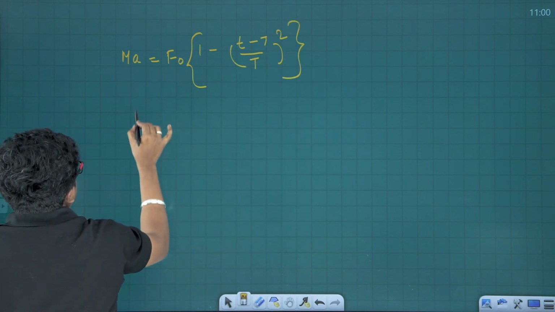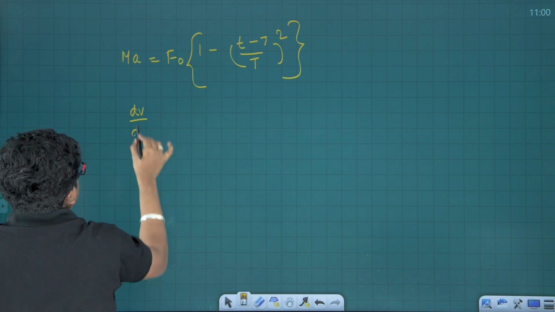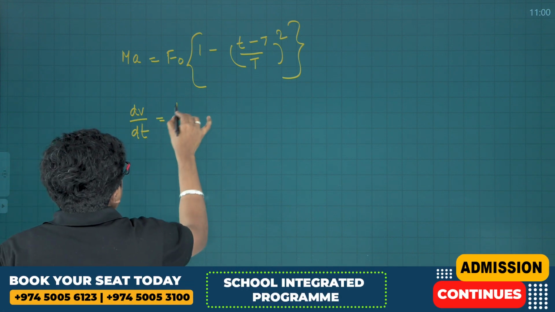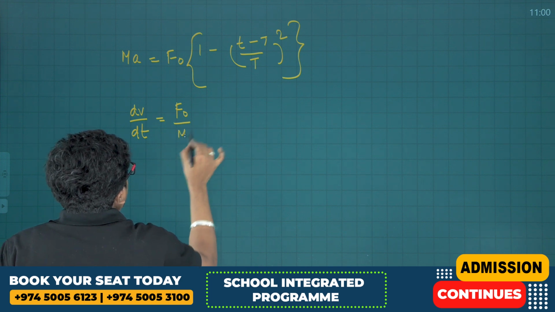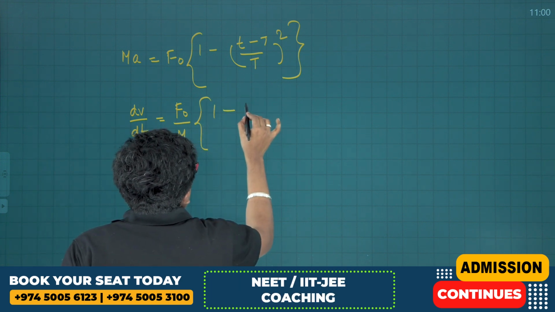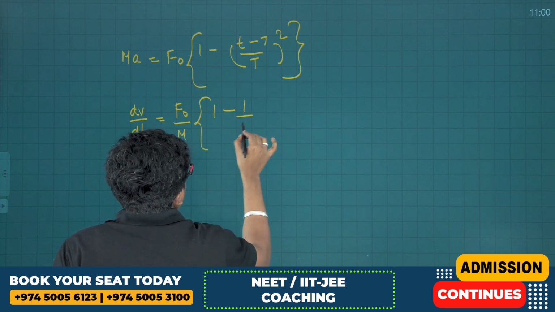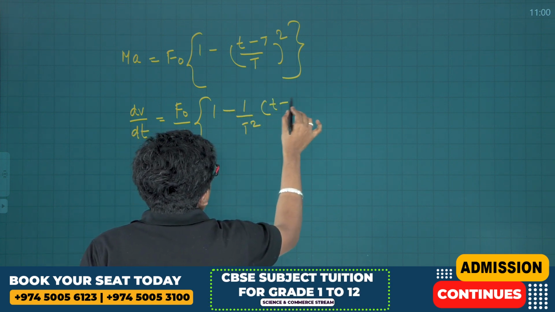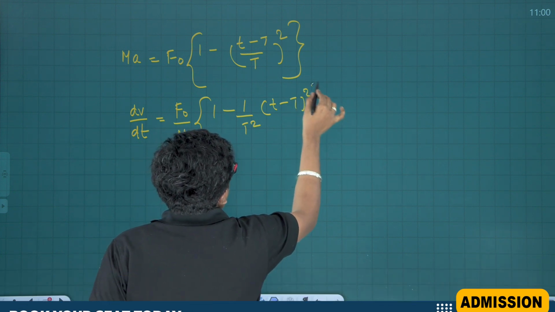So here this is acceleration A, which can be written as dv by dt. That is equal to F naught upon M into 1 minus, I am going to take this capital T square out, and here this is going to be (t minus T) the whole square.